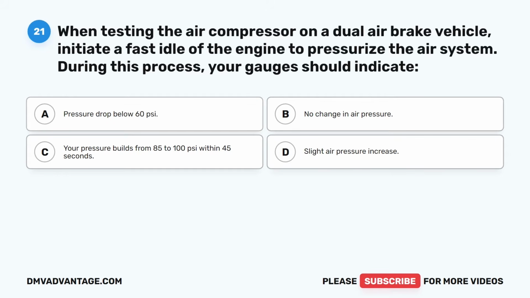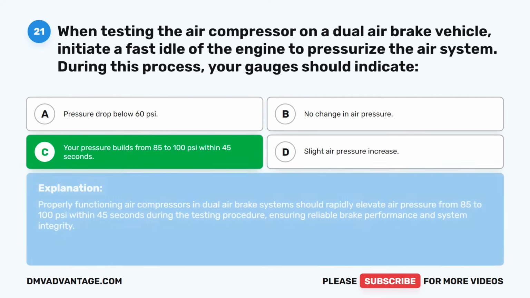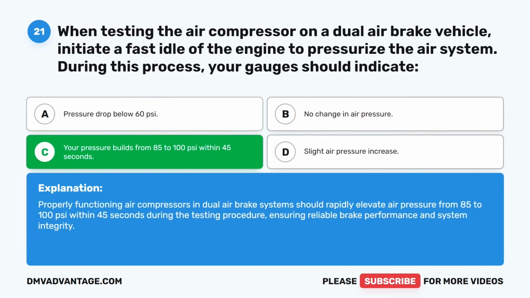D. Slight air pressure increase. The correct answer is C. Your pressure builds from 85 to 100 psi within 45 seconds. Properly functioning air compressors in dual air brake systems should rapidly elevate air pressure from 85 to 100 pounds per square inch within 45 seconds during the testing procedure, ensuring reliable brake performance and system integrity.